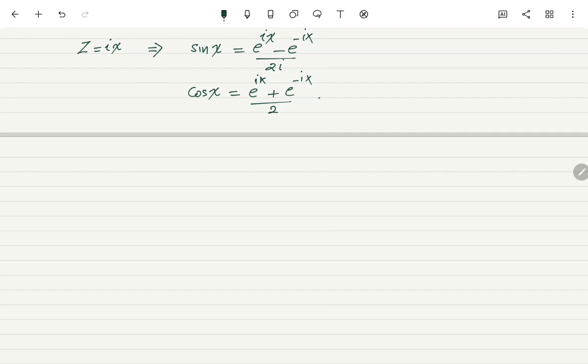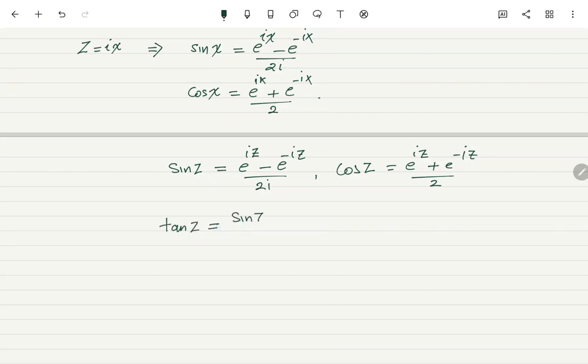As a generalization, sine z equals (e to iz minus e to minus iz) over 2i, and cosine z equals (e to iz plus e to minus iz) over 2. From this, tan z is equal to sine z over cosine z.